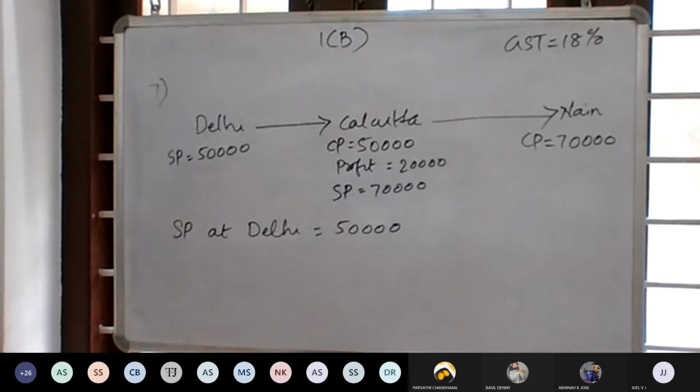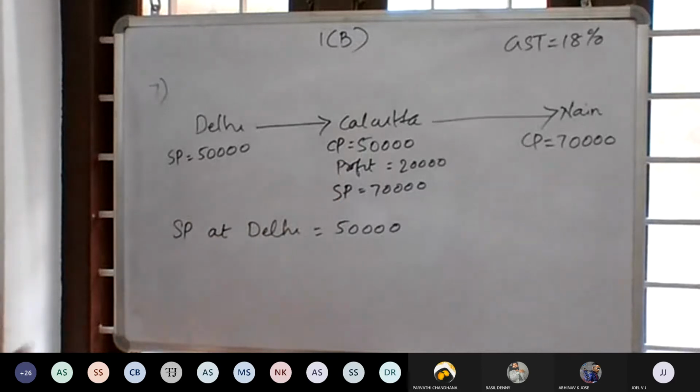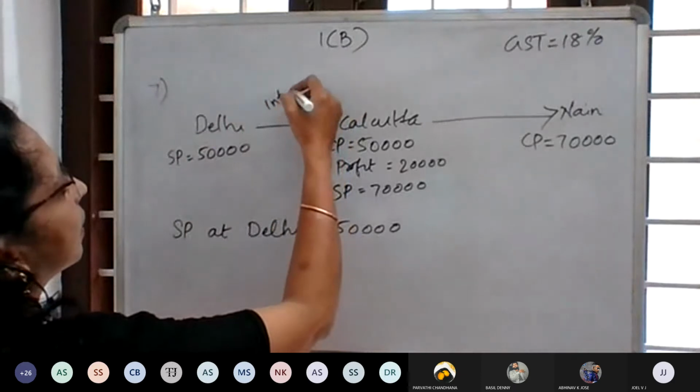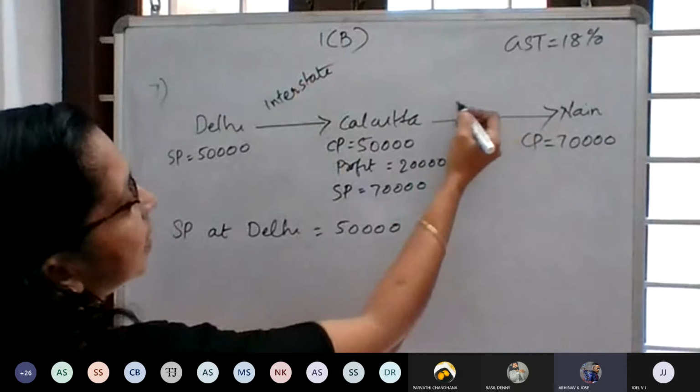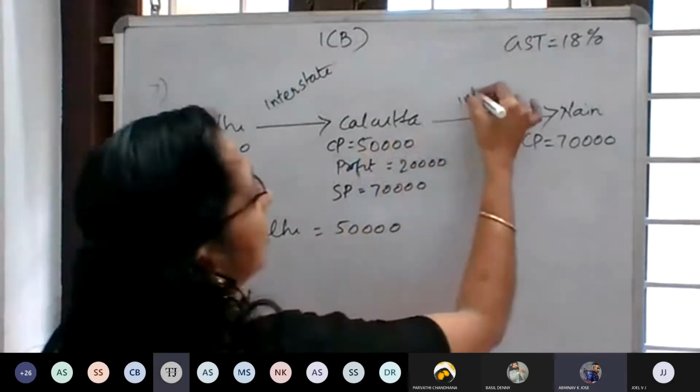Then, since the transaction is intrastate or interstate, here Calcutta to Nainital, it is interstate.